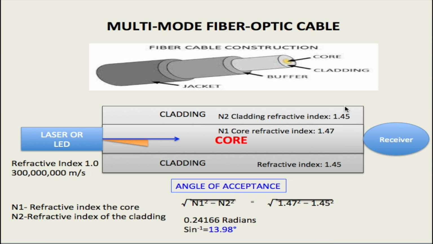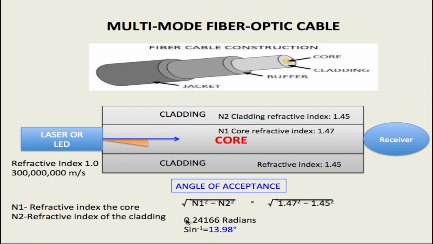Now we are going to use these values to determine what the angle is supposed to be. So we use this equation under here. We say the square root of n1 squared minus n2 squared. Of course, n1 is the core and n2 is the cladding. n1 is equal to 1.47 and n2 is 1.45. So over here we have 1.47 squared minus 1.45 squared, and then of course we take the square root of the result.